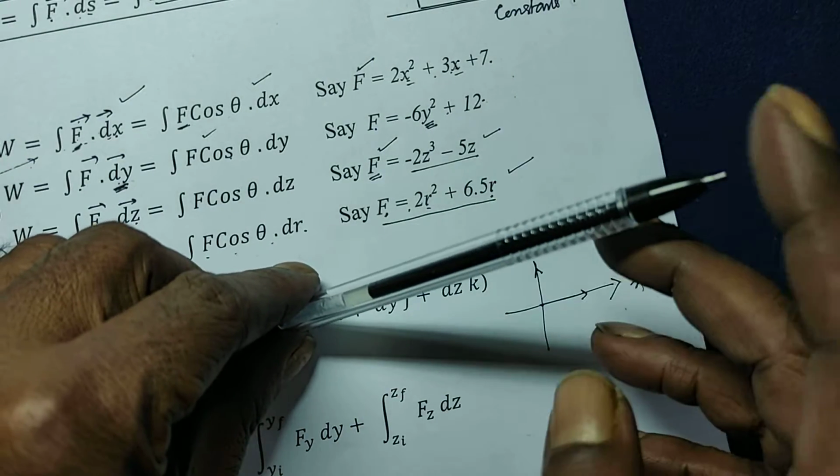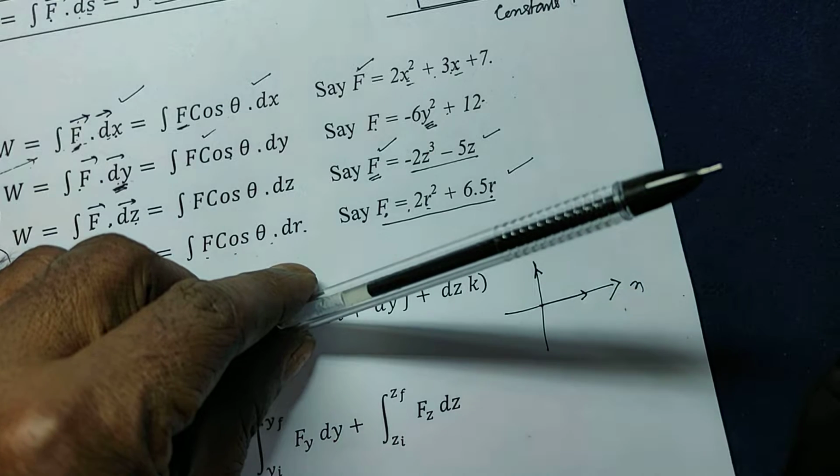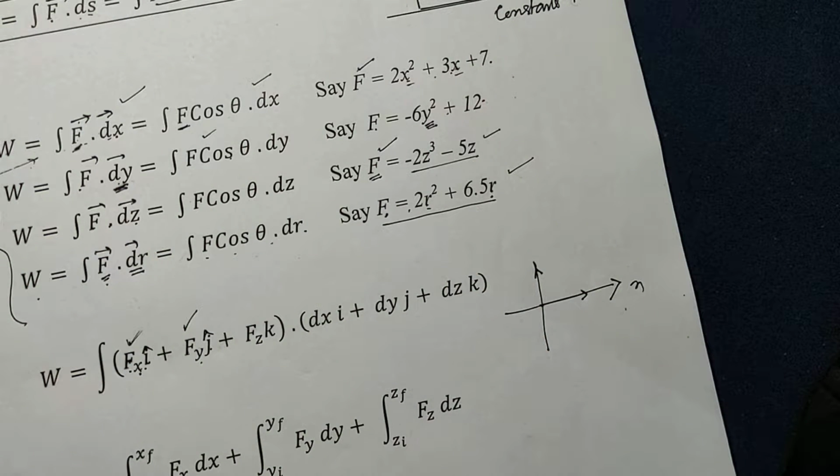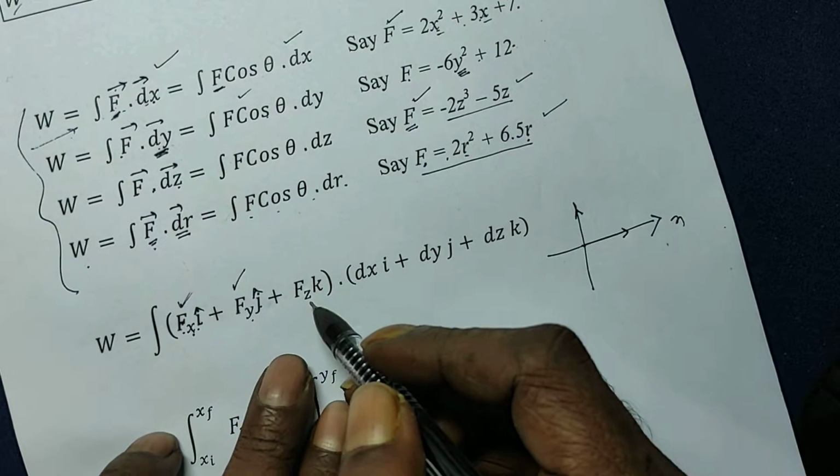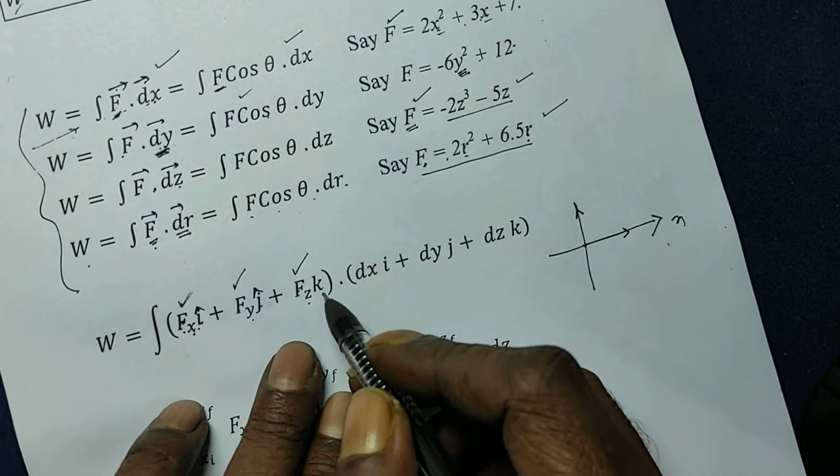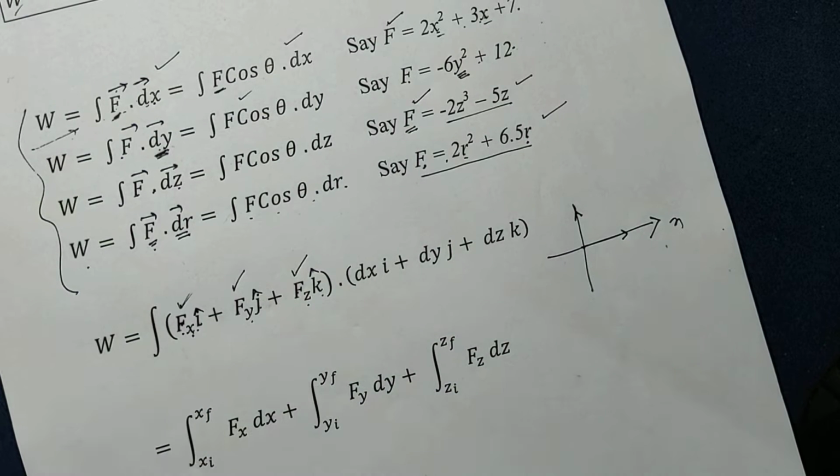Similarly, if you drop a perpendicular on the z-axis, whatever amount it cuts from the z-axis is represented as Fz, and k cap is a unit vector along the z-axis.